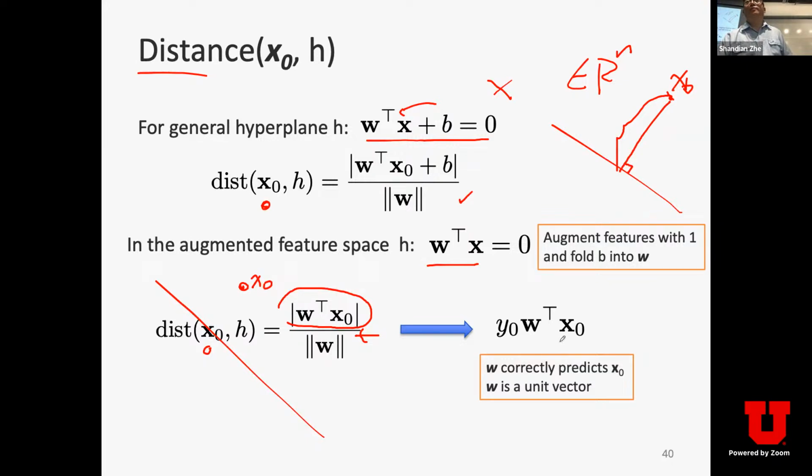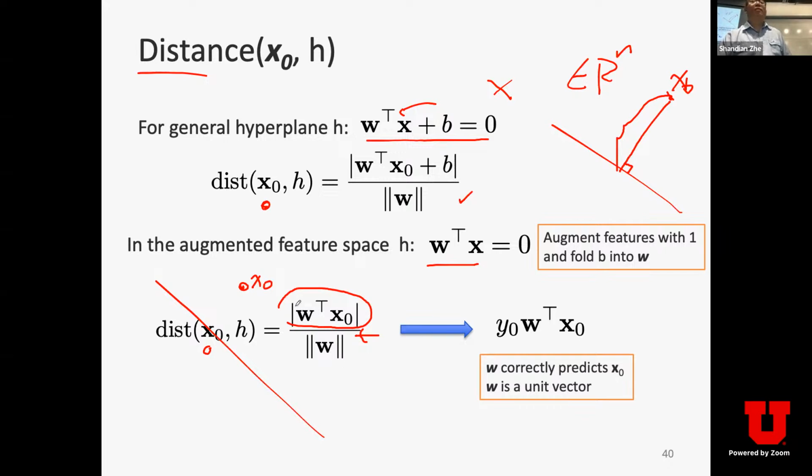Why? Why can I replace my numerator by y0 w transpose x0 rather than take the absolute value of w transpose x0?